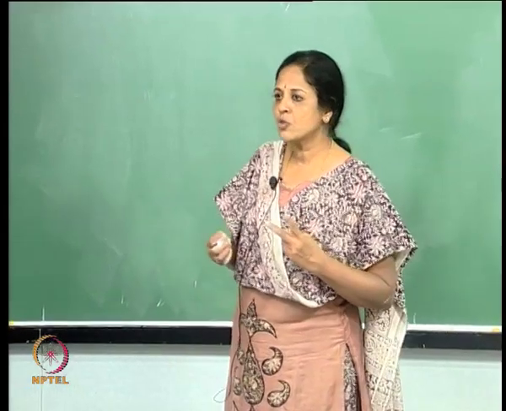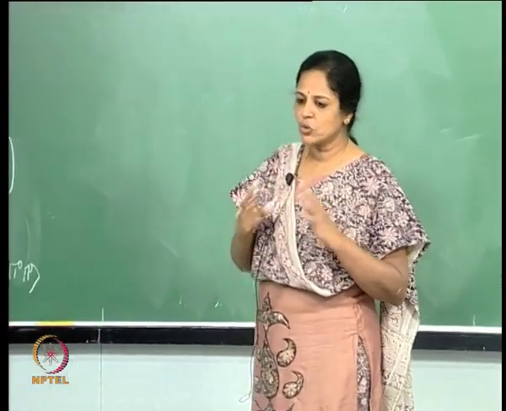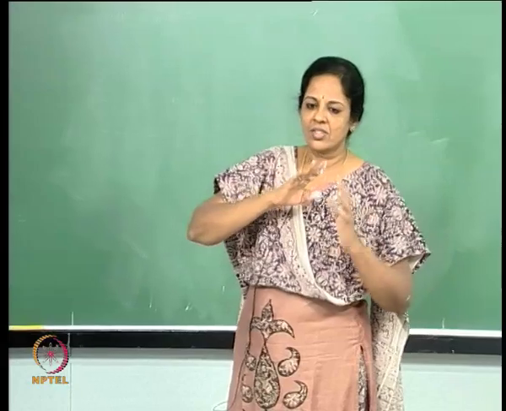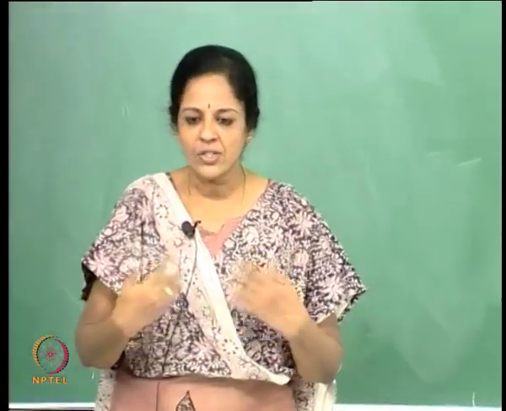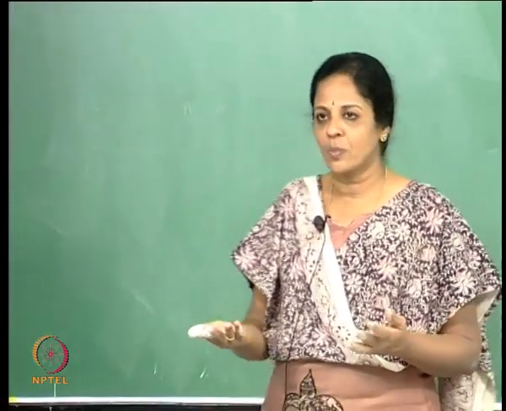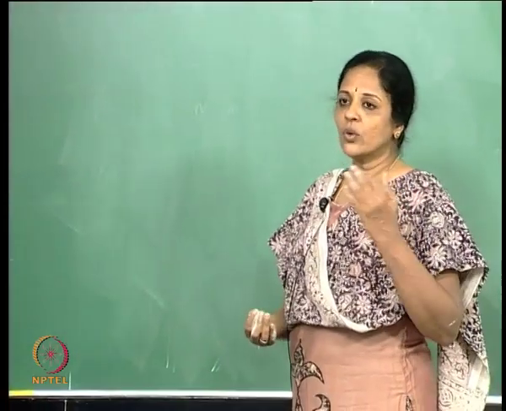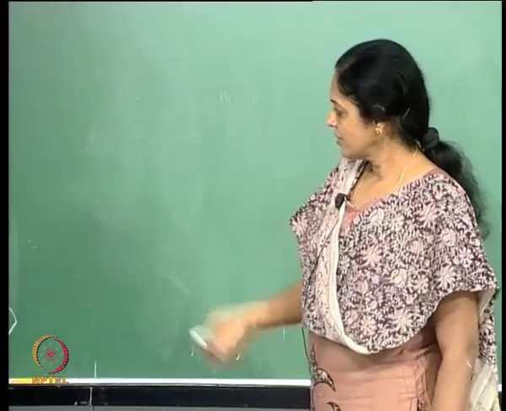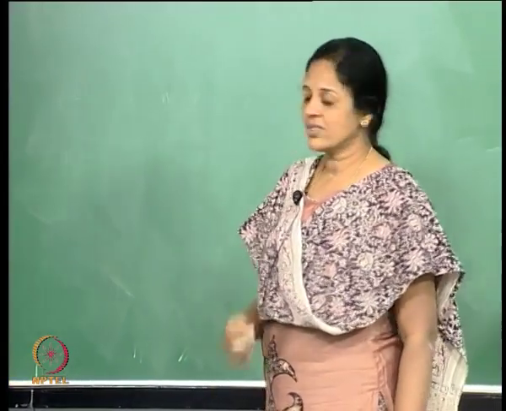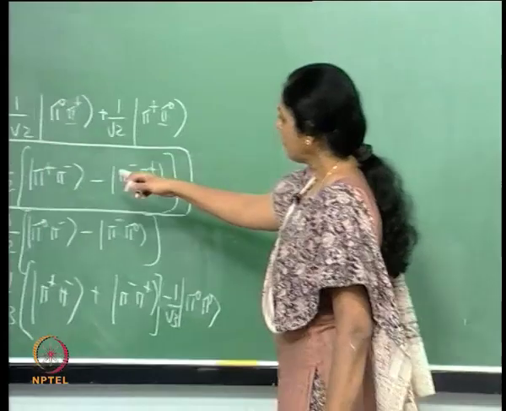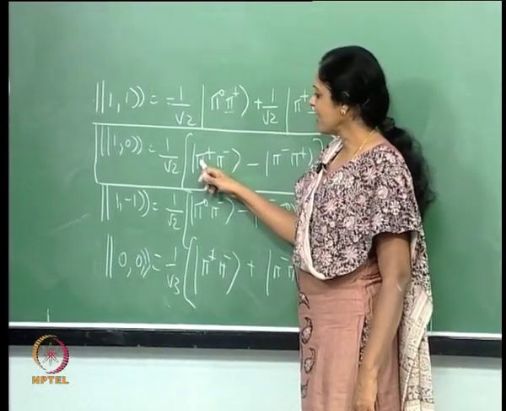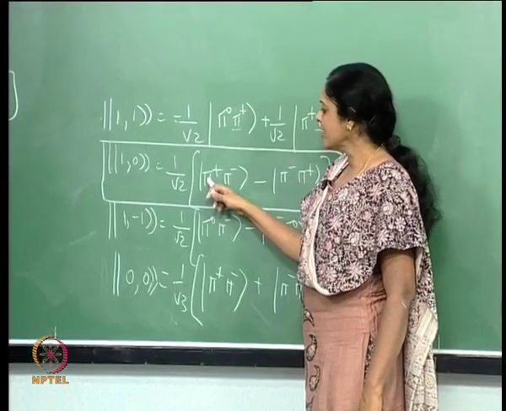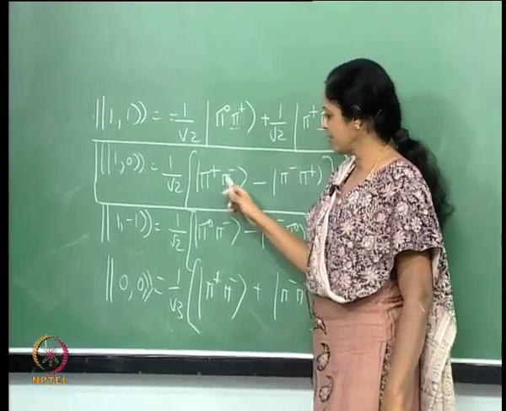They also happen to be isopartners, in the sense that if you take a pi 0 and take its Iz value to minus Iz, nothing changes. It is its own partner. Pi naught goes to pi naught under Iz going to minus Iz, because the neutral pi naught has Iz equals 0. Whereas pi plus and pi minus are isopartners. When I take Iz equals 1 to minus 1, I get pi minus, and vice versa.